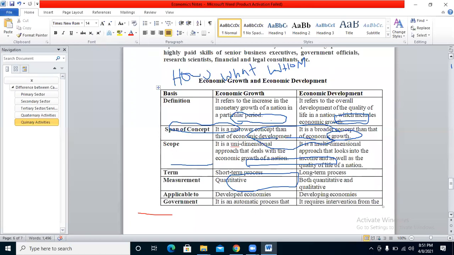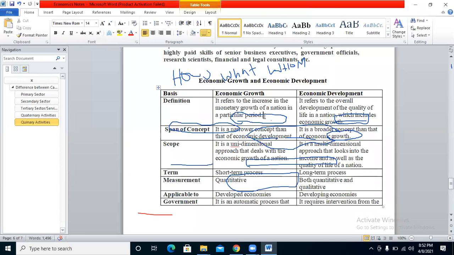Economic growth refers to the increase in the monetary growth of the nation in a particular period. We understand economic growth under the head of monetary growth, and it is for a particular period, basically one financial year, or sometimes you have read about quarterly growth data published by the RBI.